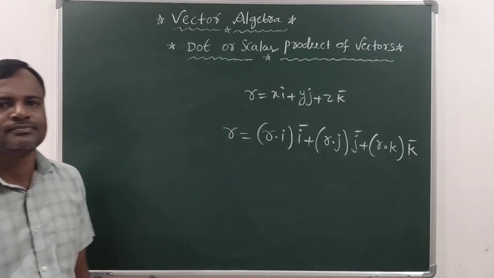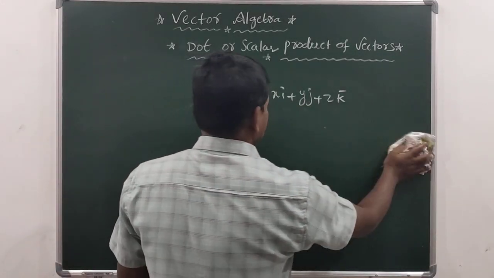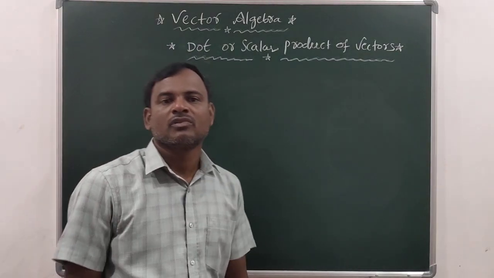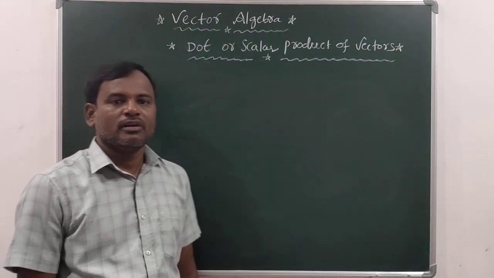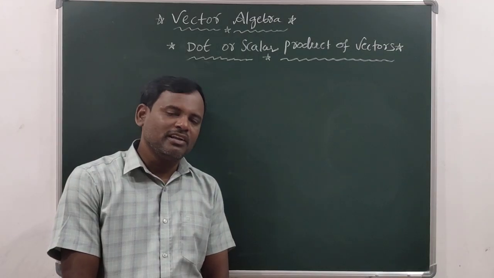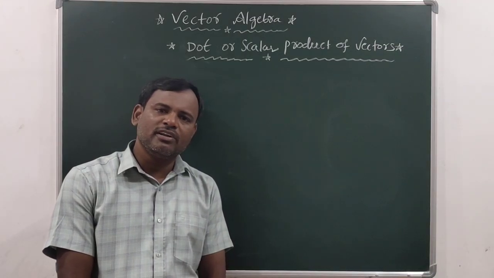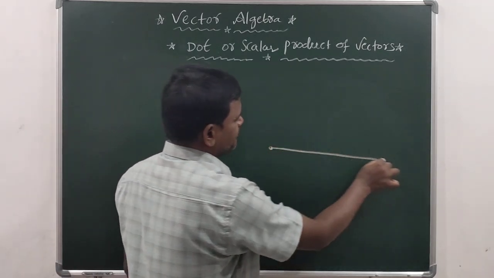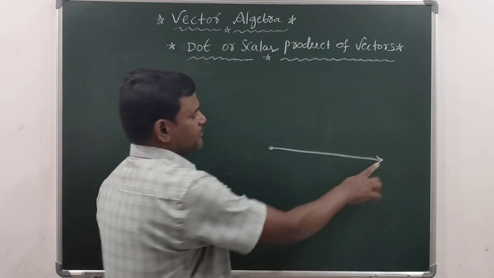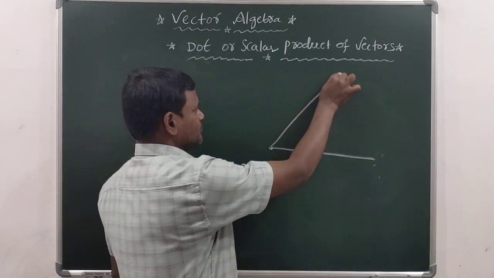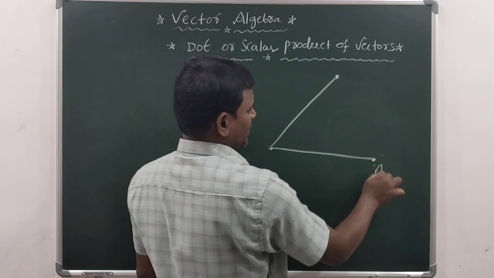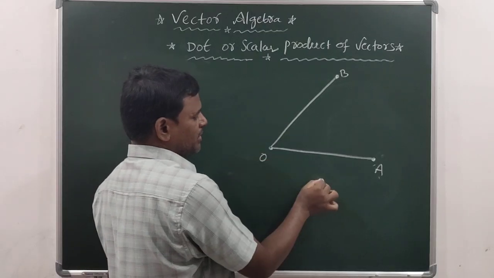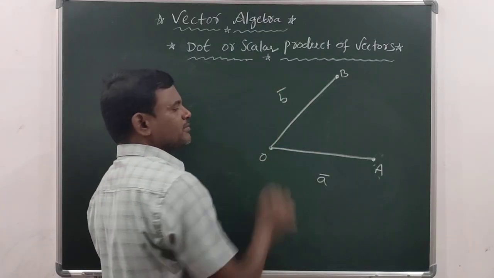See this. Next, the component vector of B on A, or component vector of A on B. See, that this is important in this chapter. See, this is A, this is B. Now this is A vector, B vector.